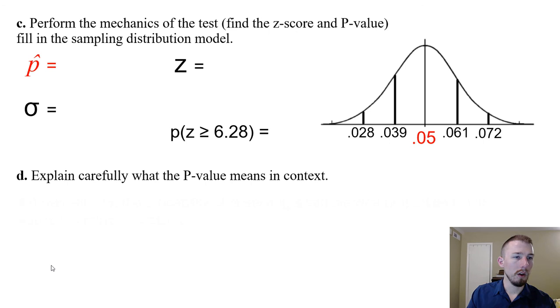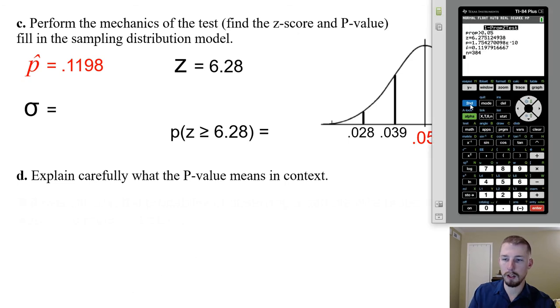All right, perform the mechanics of the test, find the z-score and p-value. So our sample proportion was given to us, and the z-score was given to us from putting it in the calculator. The standard deviation, we can calculate that. I'll go ahead and show you how to do that real quick.